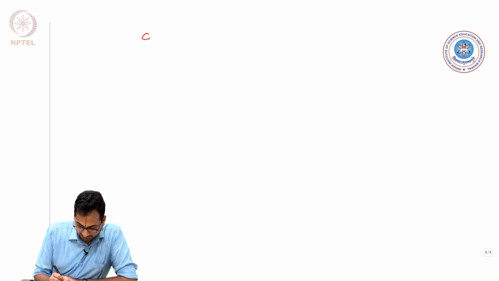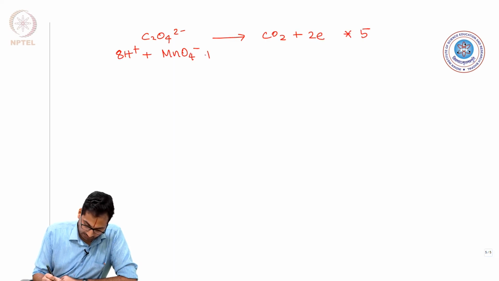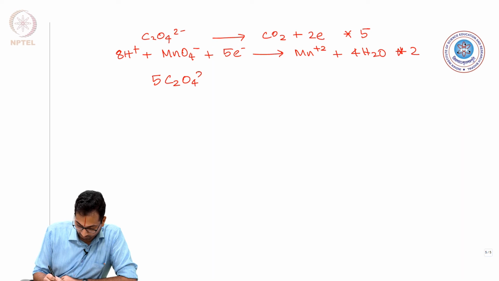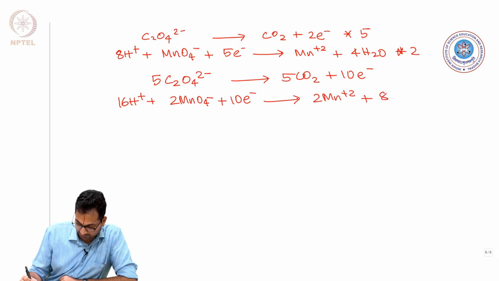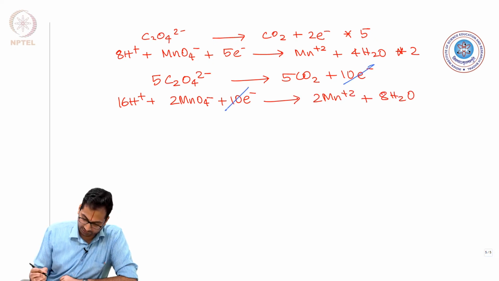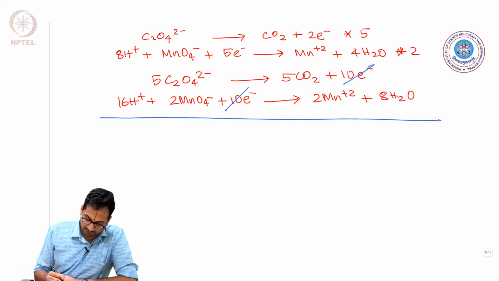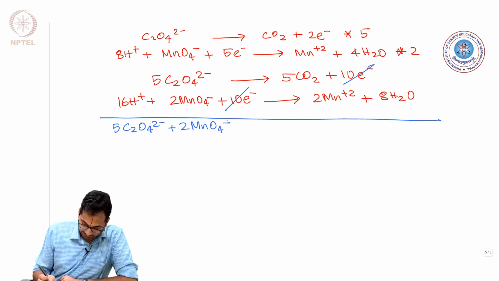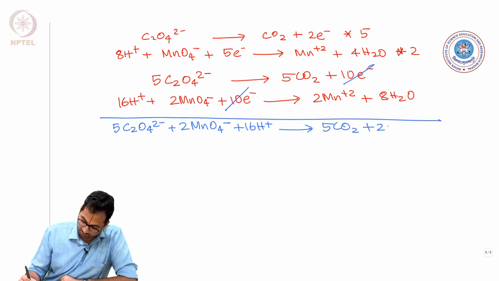So let's rewrite the reaction. C2O4 2 minus... this results in mutual cancellation of electrons on both the sides, which gives us an overall balanced reaction of 5C2O4 2 minus plus 2MnO4 minus plus 16H plus, giving 5CO2 plus 2Mn 2 plus plus 8H2O.